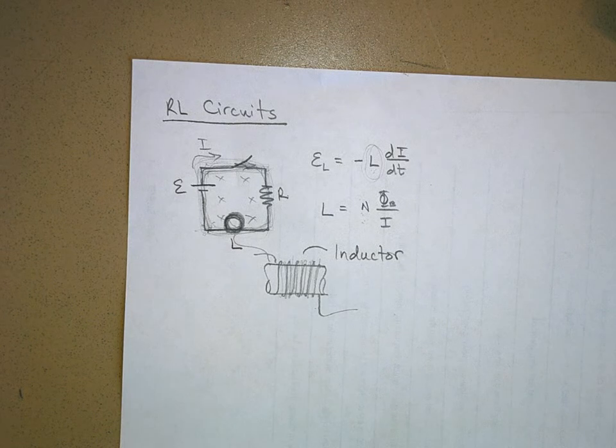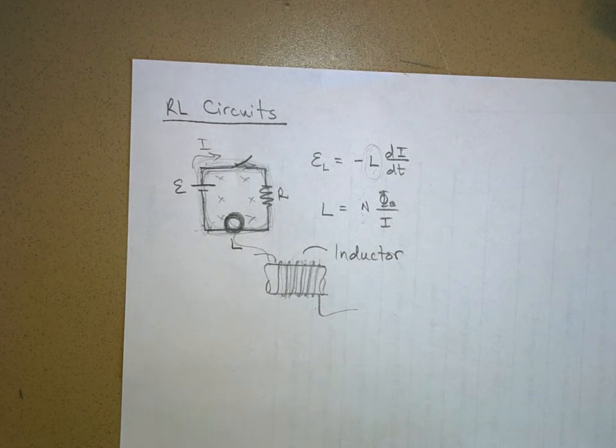Also, it stores energy. It creates a very intense magnetic field, and as we're going to discover next time, we're not going to do it today, but we are actually storing energy in the inductor that we can use later. So we have 3 circuit elements now, well 4. We have the battery, and we have the capacitor, which stores energy in an electric field.